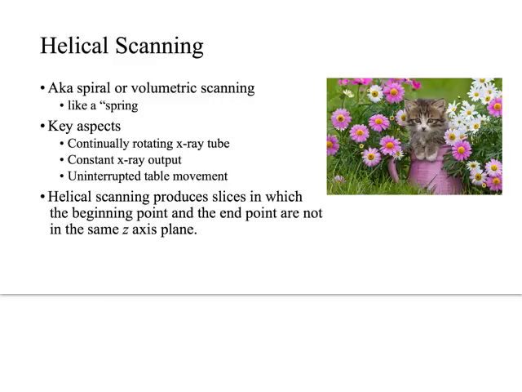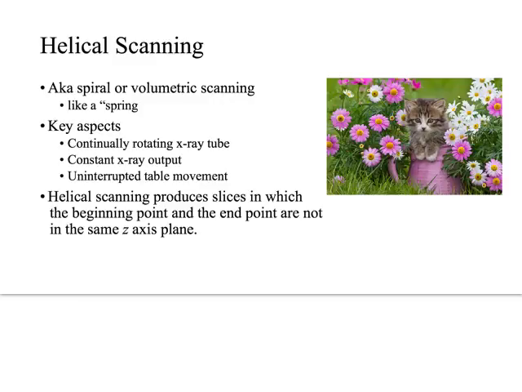So this is going to allow for the key aspects. The way that we're going to pull that off in terms of engineering is we need a way to continuously rotate the X-ray tube. So what advent in technology allows us to do that? Slip rings. Yep, slip rings allow us to continuously rotate the X-ray tube. And then we're going to have constant X-ray output, so we've had to figure out ways to have higher anode heat levels and heat dissipation.